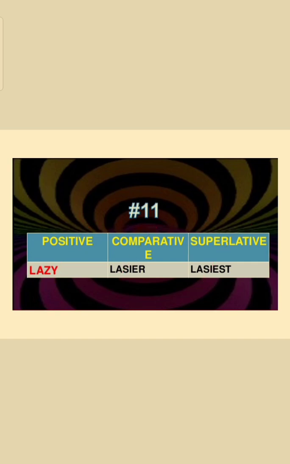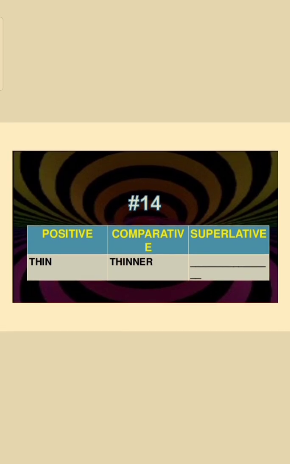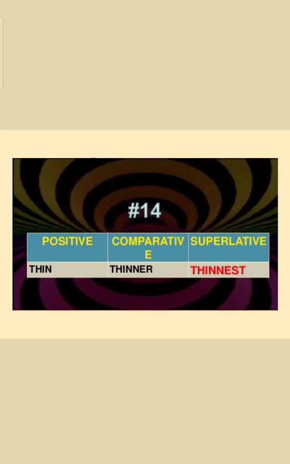Fine. Okay, next example. So here superlative degree is missing. So positive degree thin, thinner. Just take 2 seconds and think about it. What will be its answer? The answer will be thin, thinner, thinnest. Right? Okay, next.